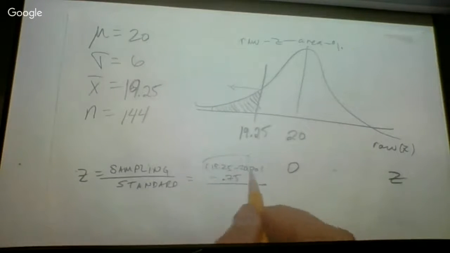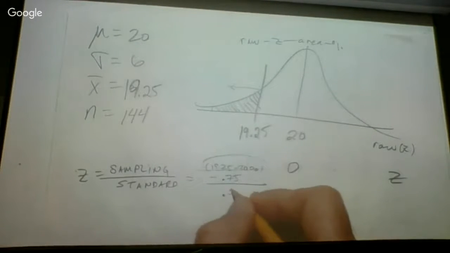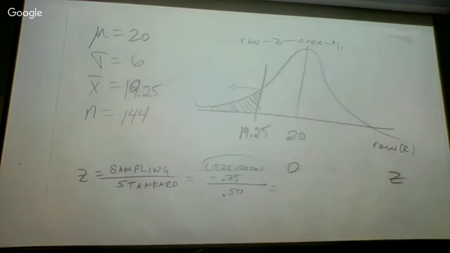That's how we find 0.75. Standard error we computed in the last problem to be 0.50. 3/4 over 2/4 seems like 1.5 as a z-score.